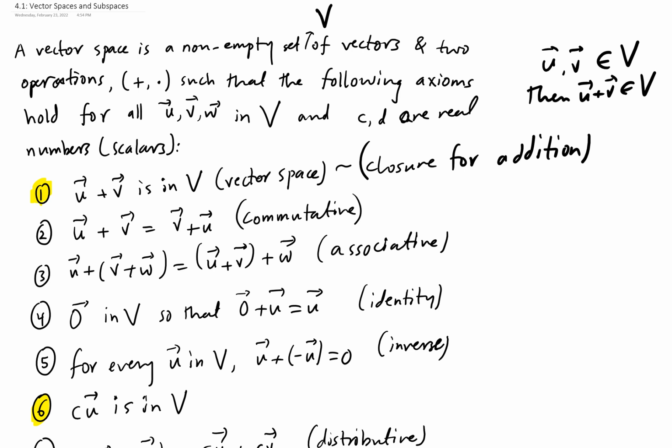The second axiom is the commutative property of addition. If you take vectors u and v and add u to v or v to u, you should get the same result. Associative says if you add the last two vectors together and add the result to the first, it's the same as adding the first two vectors together and adding the result to the third one.